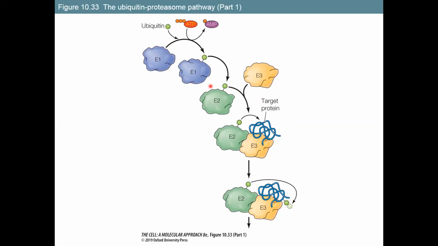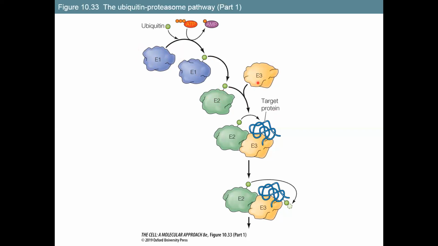Now, you might ask yourself, why don't we just load ubiquitin directly onto E2? Well, as I said, this is about control. So if we can control how much E3 protein there is and control how much E2 protein, if we can also load that ubiquitin on with E1, we can now control how much E1 protein we make in order to fine-tune how much E2 is actually charged with ubiquitin, which is another level of control.